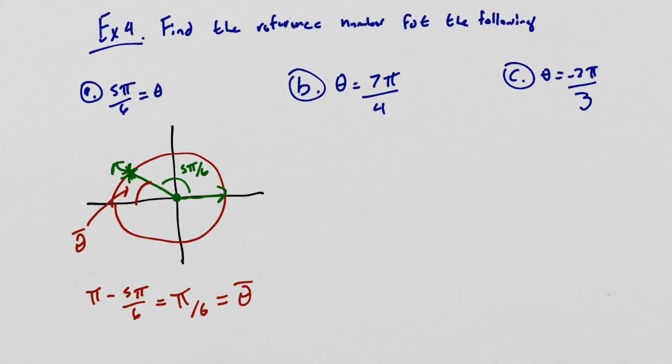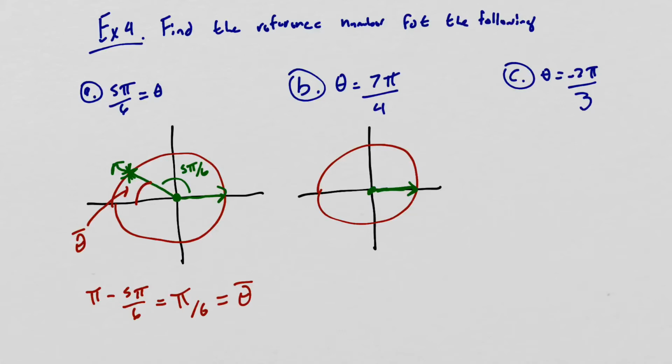Again, we'll look at the same process in part B. We'll start with our unit circle. Then we'll draw the angle theta, so 7 pi divided by 4. This angle is larger than pi, but less than 2 pi.